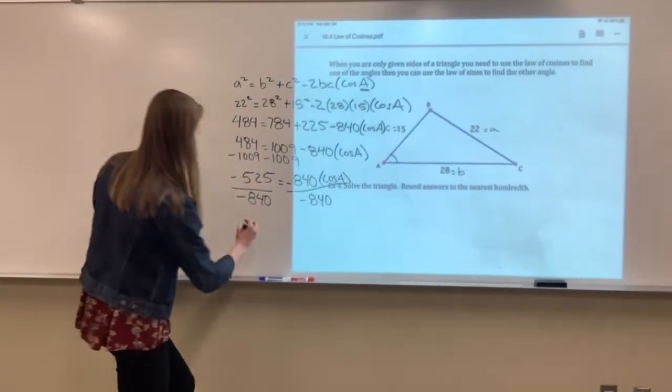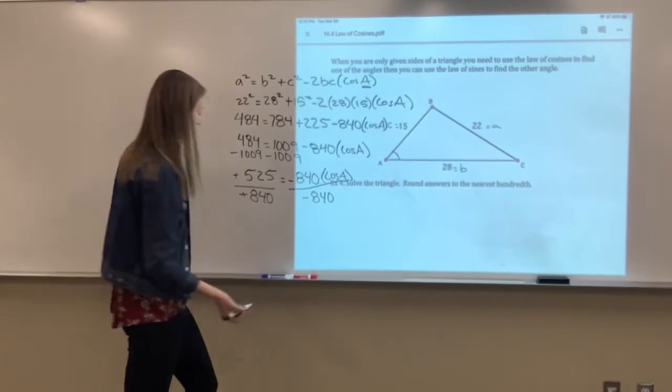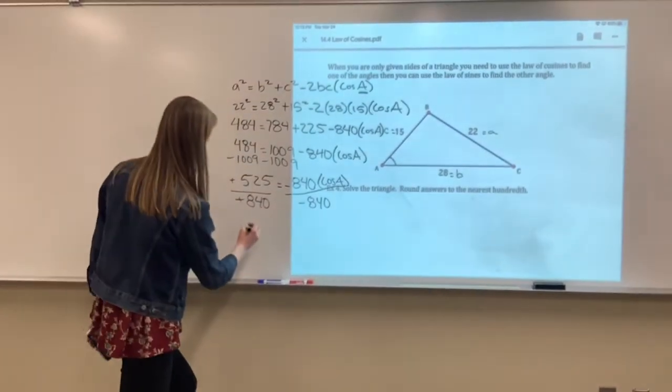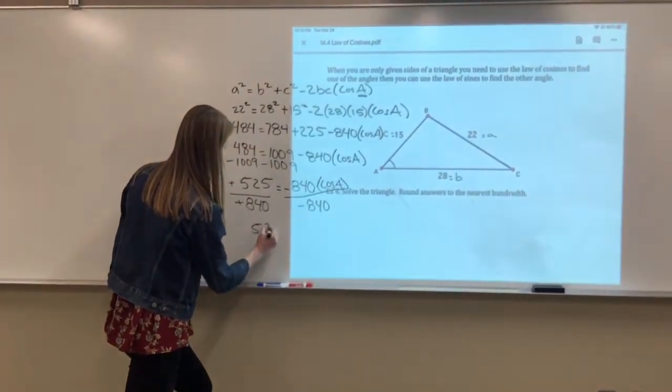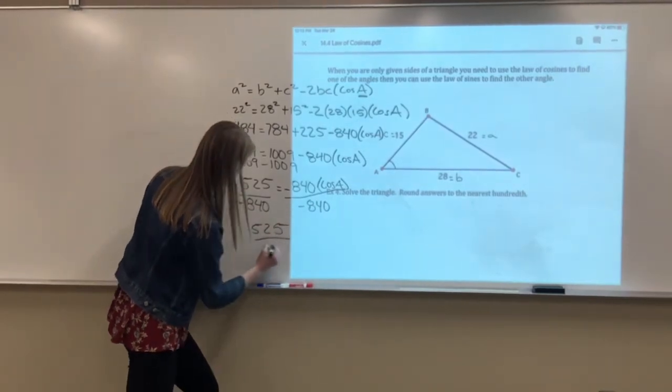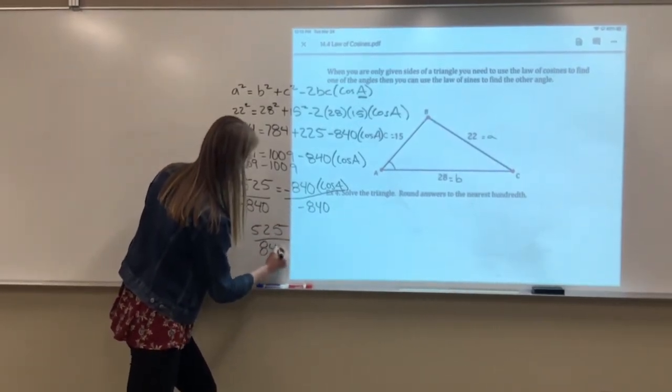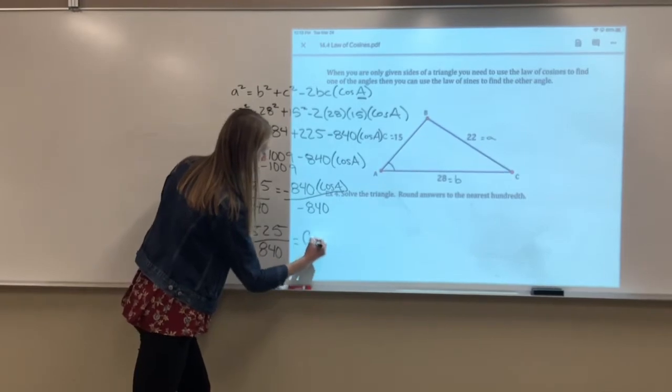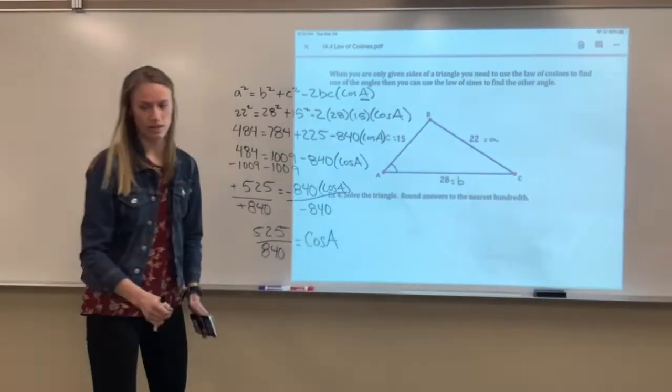To make this cleaner, I'm just going to make those both positive because we have a negative divided by negative. 525 divided by 840 equals cosine of angle A.